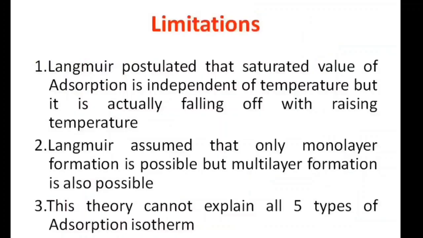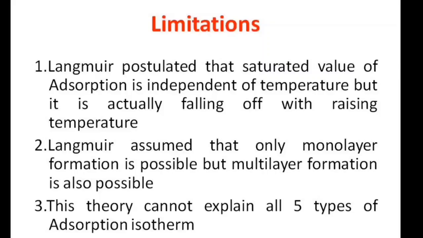Now these are the limitations of the Langmuir adsorption isotherm. First, Langmuir postulated that the saturated value of adsorption is independent of temperature, but it is found that it actually falls off with rising temperature. As you know, an adsorption isotherm means the relationship between amount of adsorption and pressure at constant temperature.